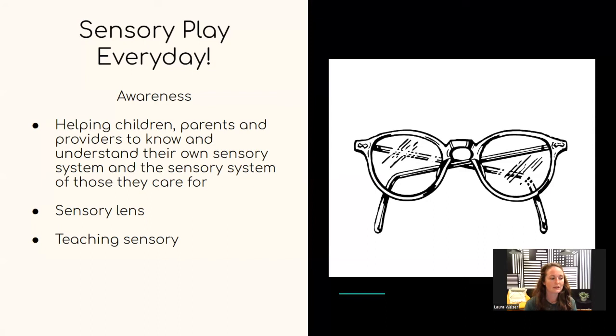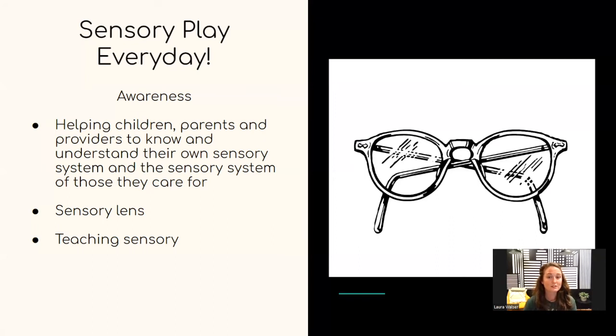But if we're seeing something that's a consistent difficulty, or a time of day where there's a pattern to it, or a specific activity that is consistently difficult, that's really when we need to get occupational therapy involved. Or when we see that it's really breaking down and impacting their ability to grow and develop and to learn too. That's when we can get OT involved.